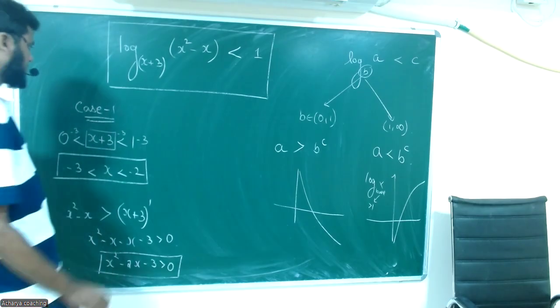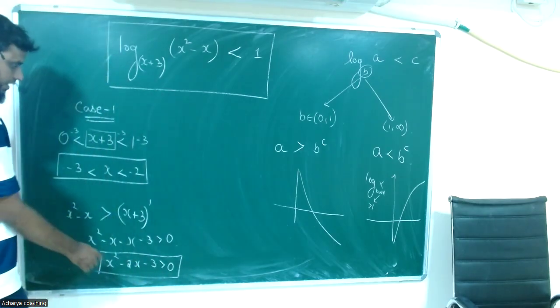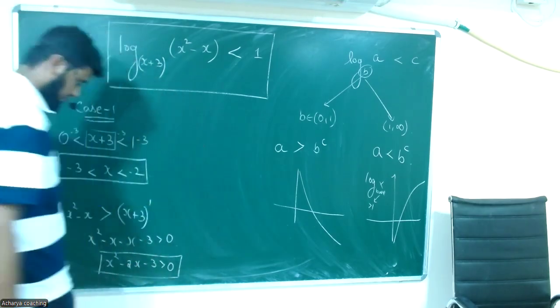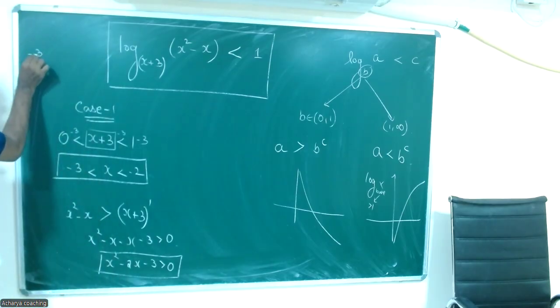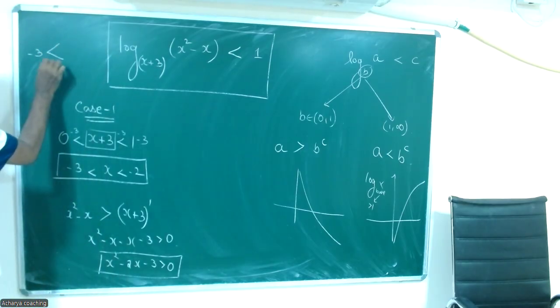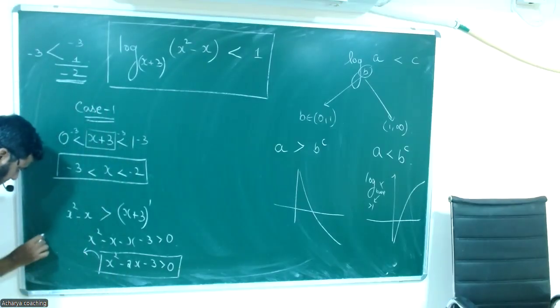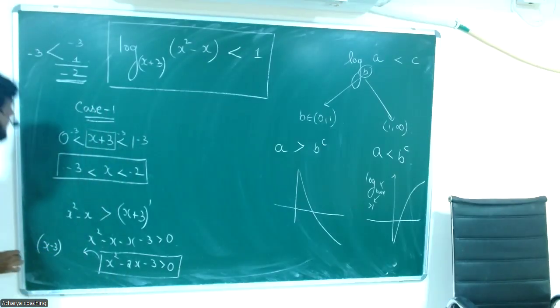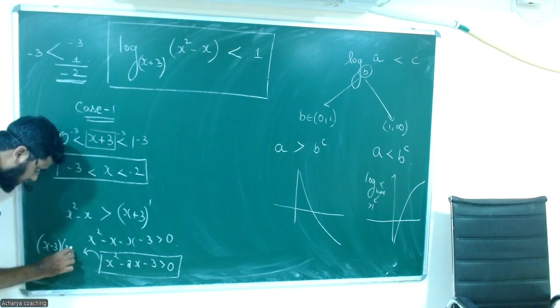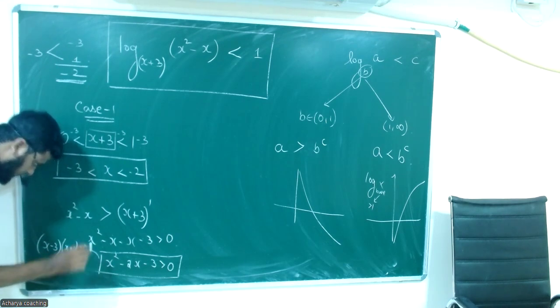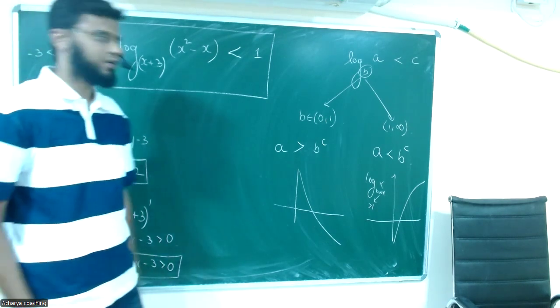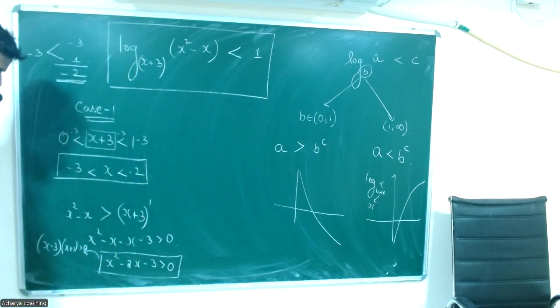After factorization, you can get the answer from this. If we multiply, we have to get minus 3. If we add, we have to get minus 2. Which two numbers can we take? Minus 3 and plus 1. So we can write this as x minus 3 into x plus 1. Okay. When will this be greater than 0?